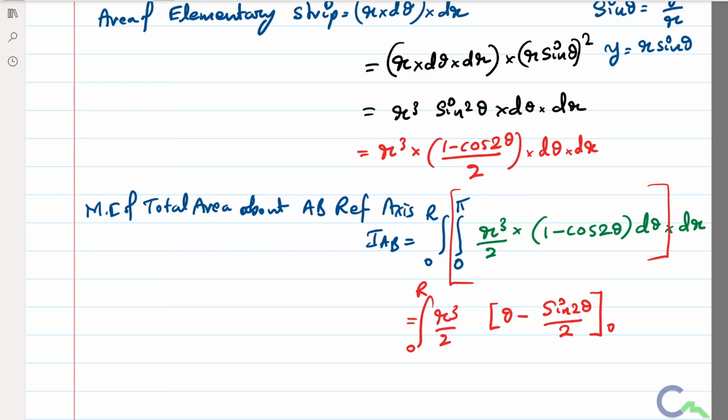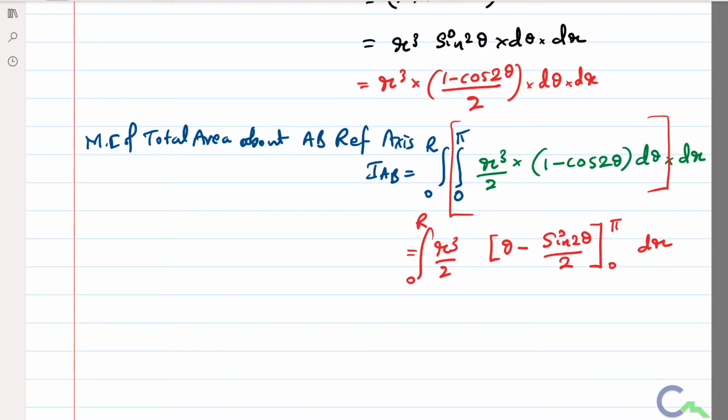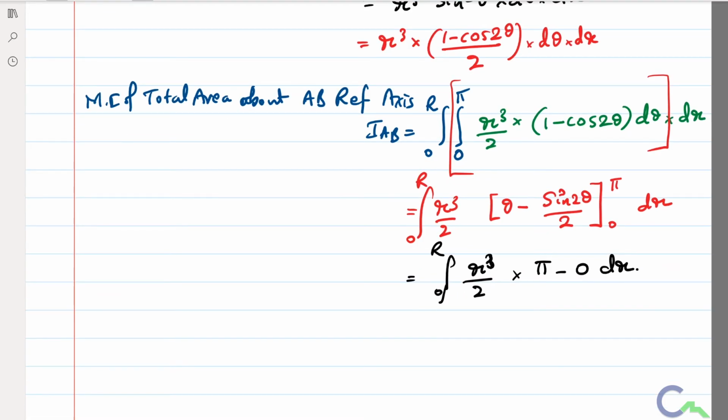I have to apply the limit, that is 0 to pi, then the remaining is dr. If I apply the limit, the remaining is 0 to r, then r cube divided by 2 into pi minus 0 into dr. So if I do the integration again, r to the power 4 divided by 4 into 2 into pi, where r varies from 0 to r.